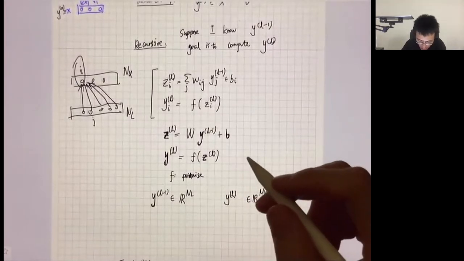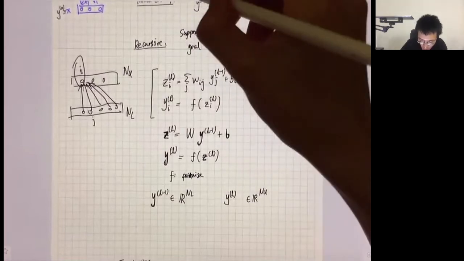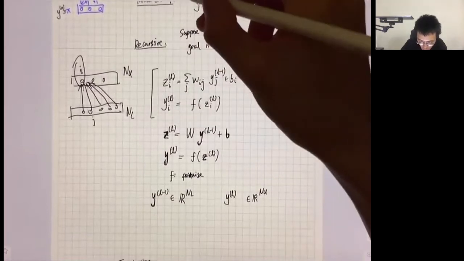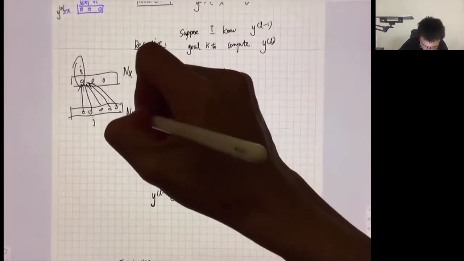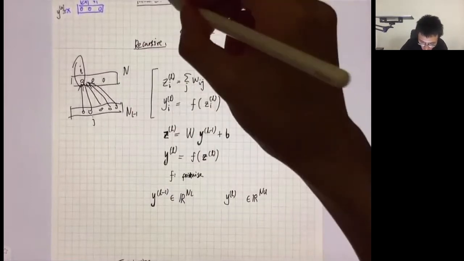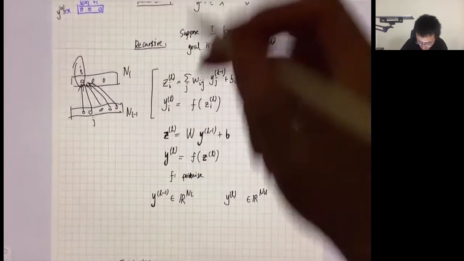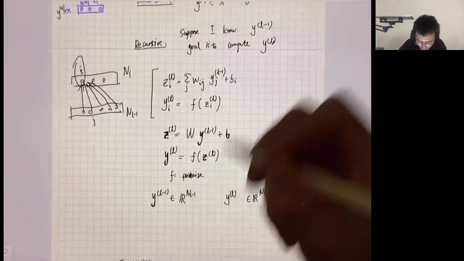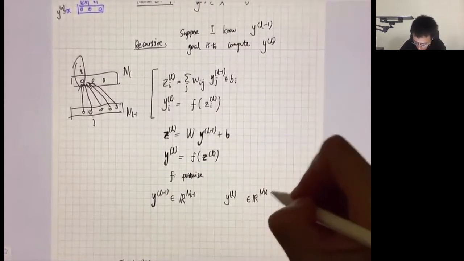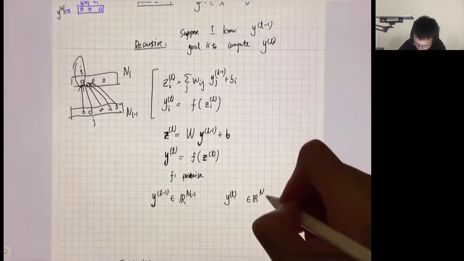But I can also say, I don't think I need the L minus 1 or L. So I can say NL minus 1 and NL. The notation is really ugly. So let's say NL minus 1. N just means the number of units. Now it looks better.